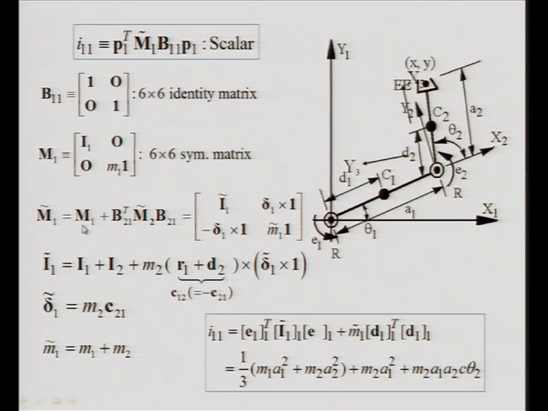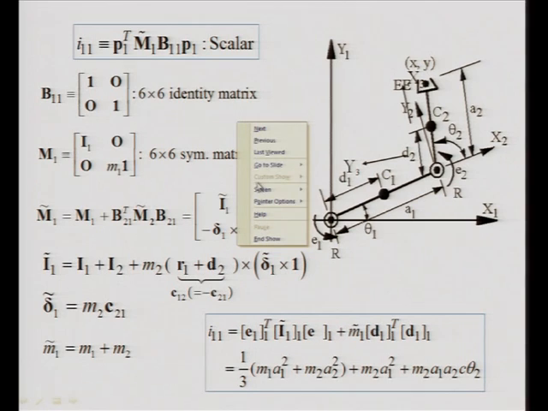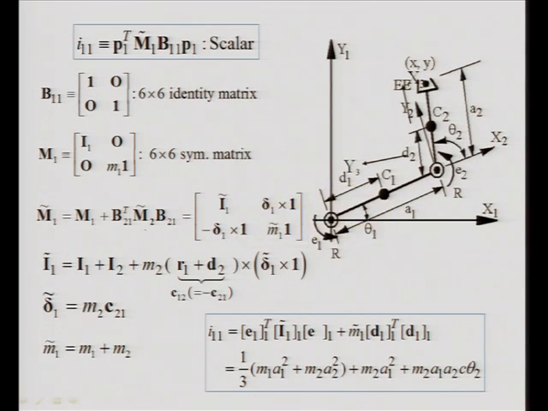M1 tilde is M1 plus B21 M2 tilde B21. I told you M2 tilde actually is the same as M2. Now, what is the meaning of this? Meaning of this I will explain to you.